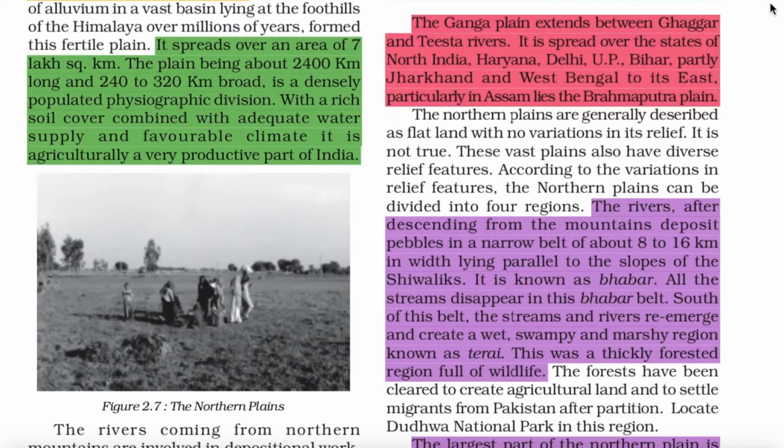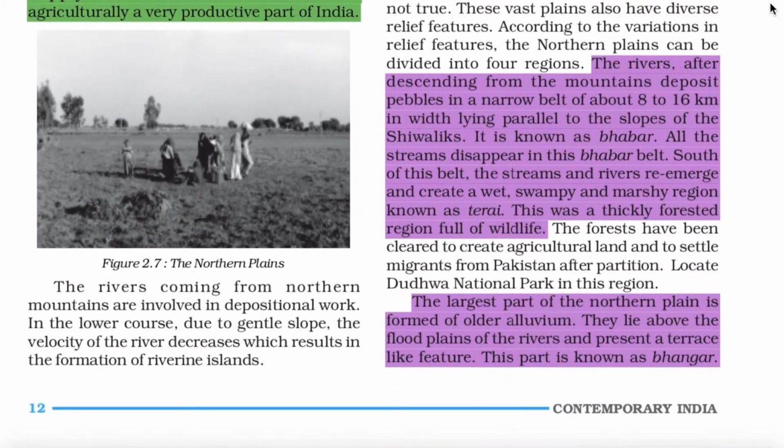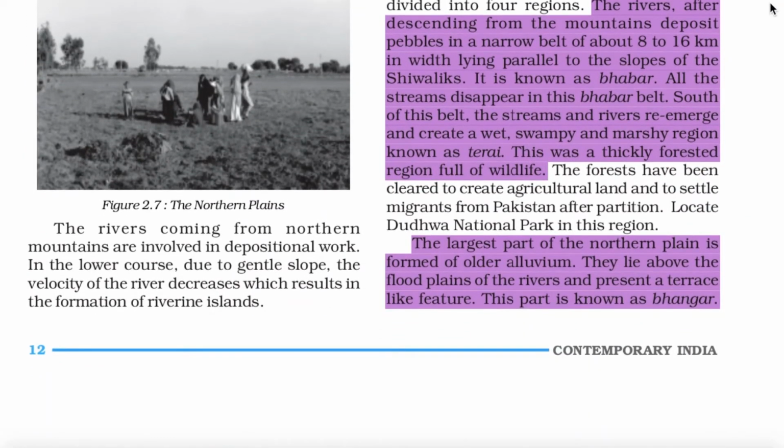South of this belt, the streams and rivers re-emerge and create a wet, swampy and marshy region known as Tarai. This was a thickly forested region full of wildlife. The forests have been cleared to create agricultural land and to settle migrants from Pakistan after partition. Locate Dudhwa National Park in this region.